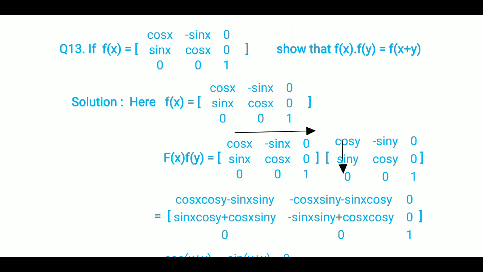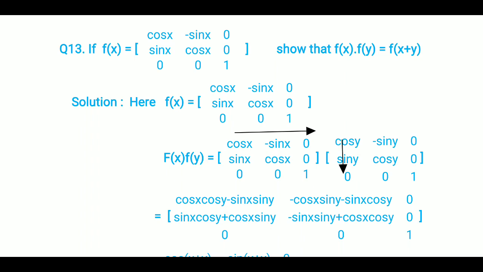Now f(x) is this, and f(y) will be the function of y, so each x will be replaced by y. So that matrix becomes cos y, minus sin y, 0; sin y, cos y, 0; 0, 0, 1.